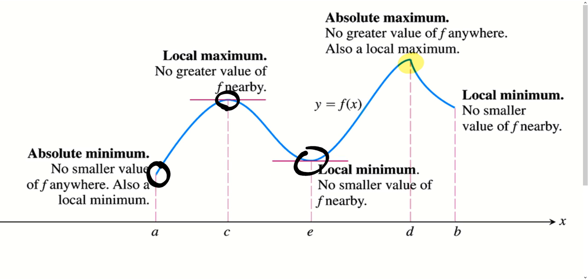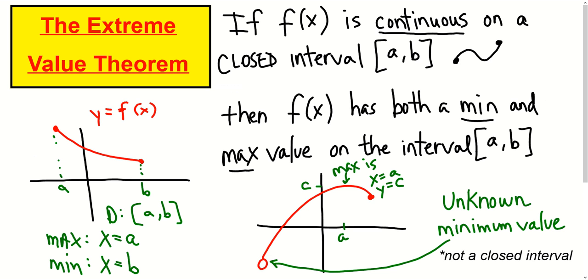There's a local minimum over here, and a local minimum on the endpoints there. But this absolute maximum, notice that this is not differentiable. It looks to me like there's a cusp or a turn right there. It's not differentiable, but there's still an absolute maximum right there. It's greater than any other y value on that graph.